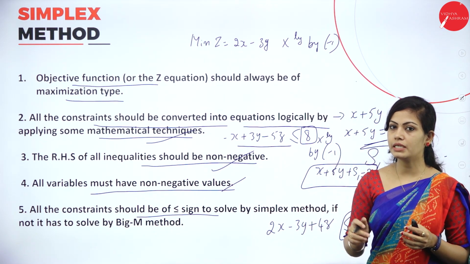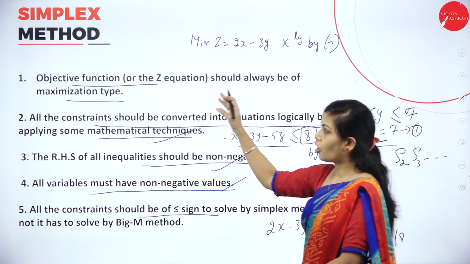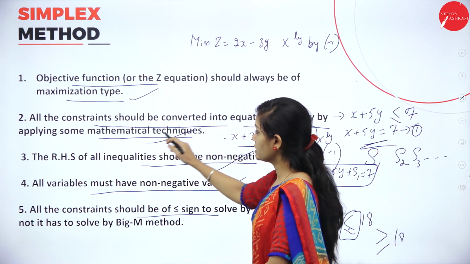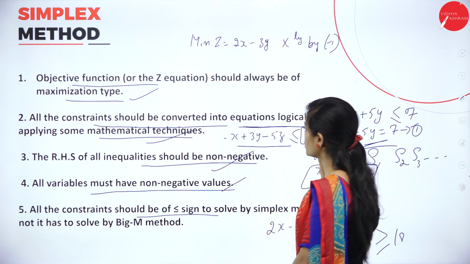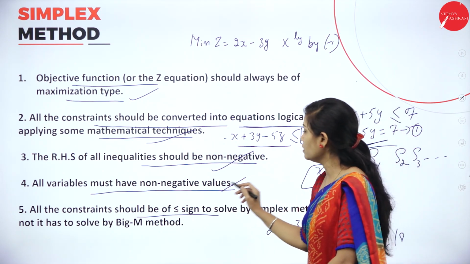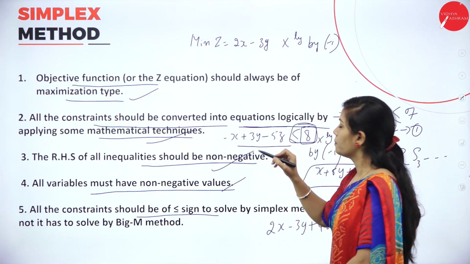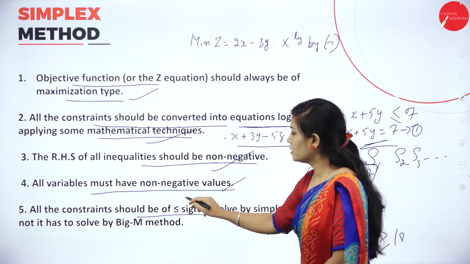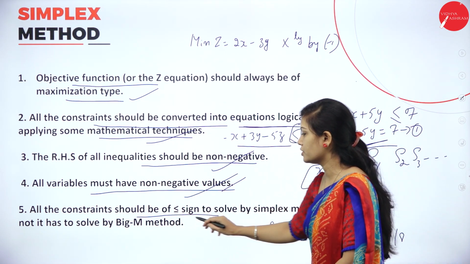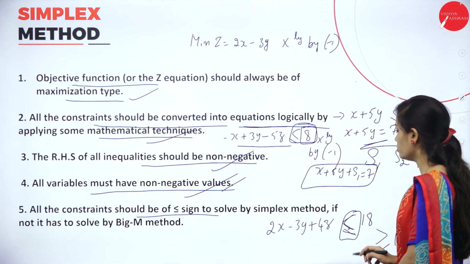It is a mathematical technique. So, all the objective functions should be maximization type, and all the constraints should be converted into equations by adding slack variables, and all the RHS values should be positive, and all the variables must have non-negative values, and all the constraints should be less than or equal to type.